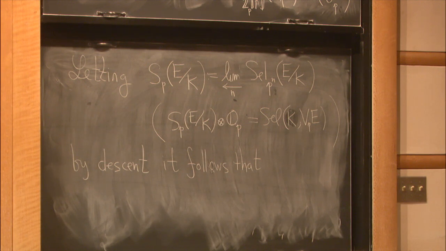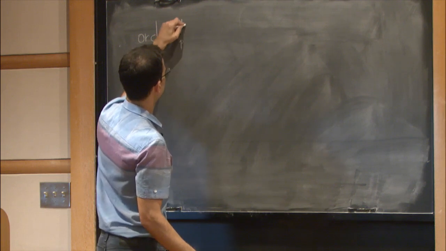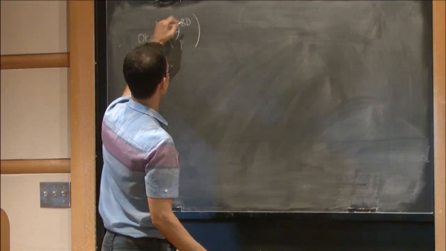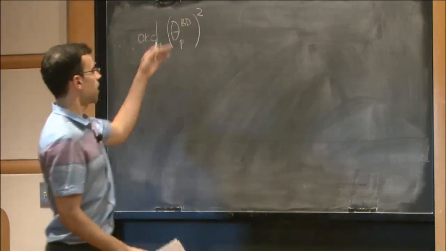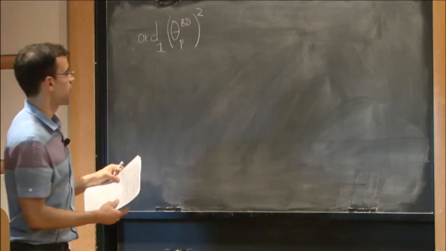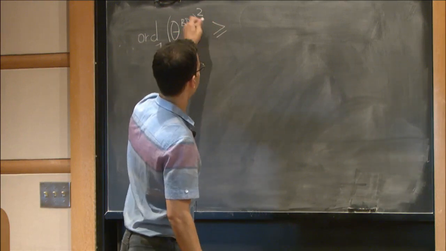So the order at the trivial character of the square of this p-adic L-function, which is what interpolates the L-values, is at least this quantity. You may wonder why I work with the square root, but actually it's key that we have these squares.